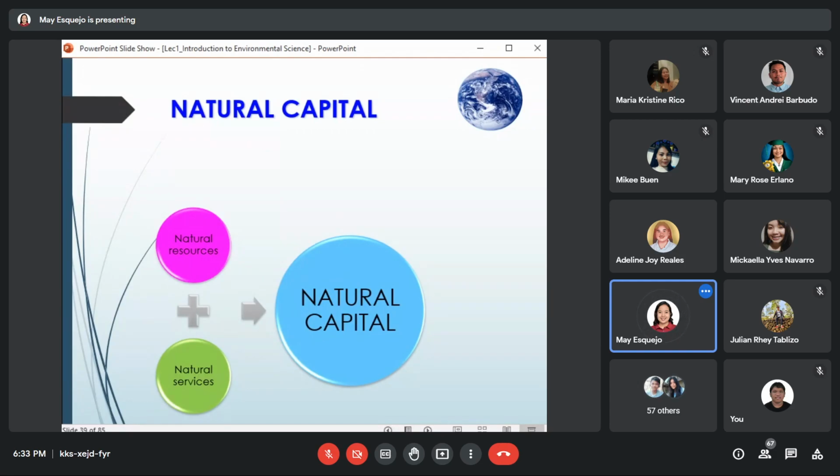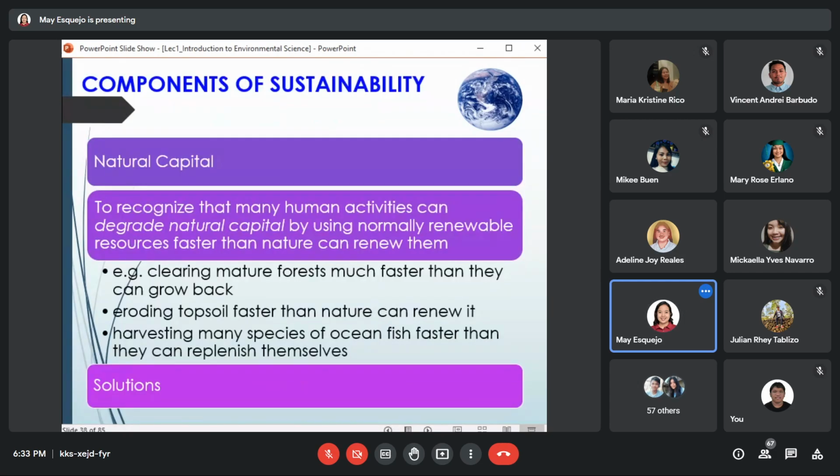Okay? So here in this slide, you can see that the natural capital is commonly used or overused, I think, in a way of human activities or the human population do their activities in a way that they consume renewable resources faster than the nature can replenish it or renew them.